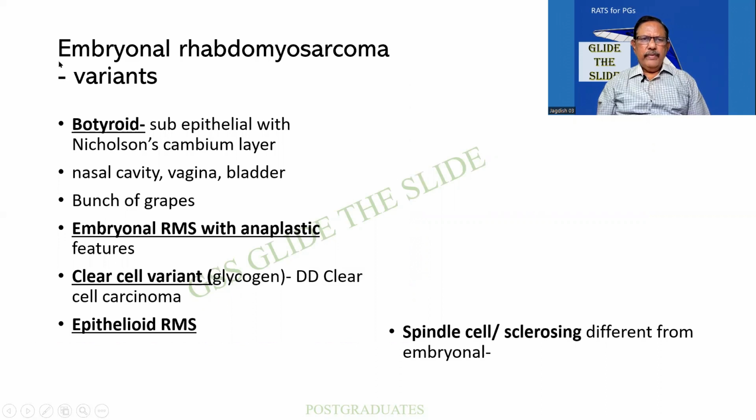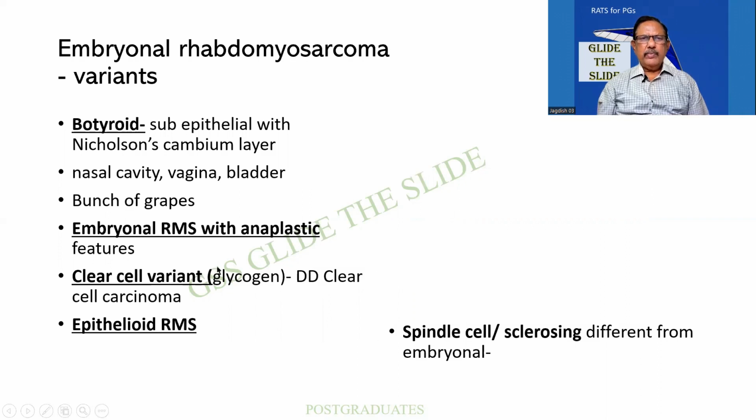Now, there are other variants of this rhabdomyosarcoma. One is the Botrytis. We will have to mention that. Second one is embryonal rhabdomyosarcoma with anaplastic features. So obviously there will be pleomorphism or mitosis or necrosis, etc. Clear cell variant due to glycogen.